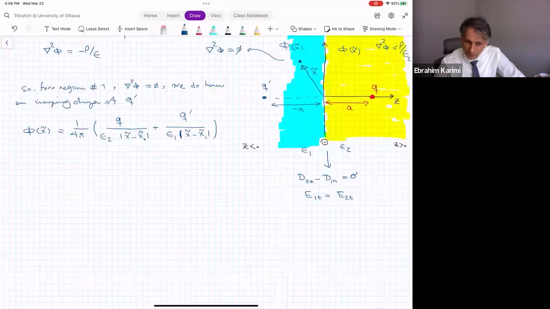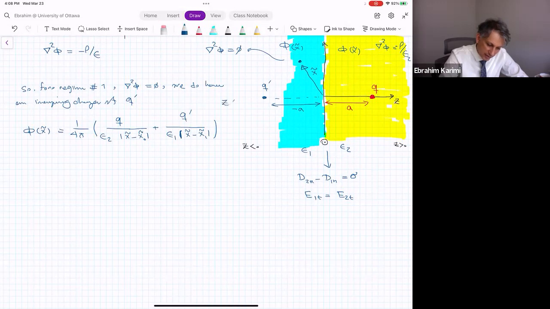When we are looking at the field, remember that is for z smaller than 0. For z smaller than 0, I'm expecting that both of them have the same dielectric constant because we are solving the problem there. So we have 2 point charges.